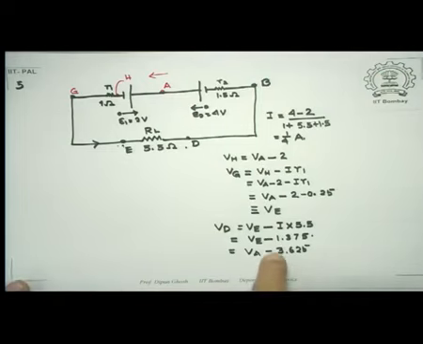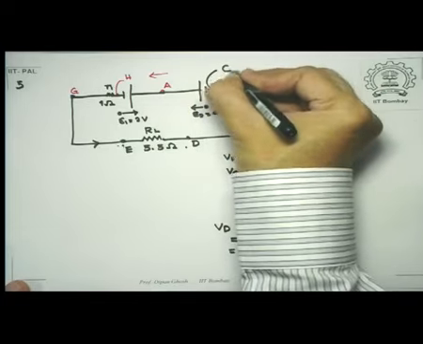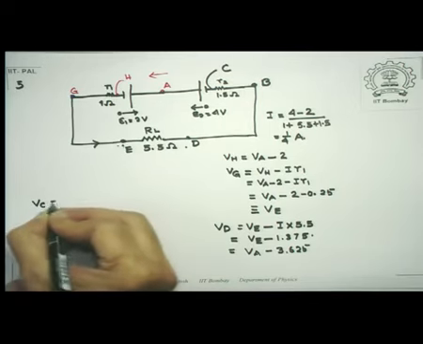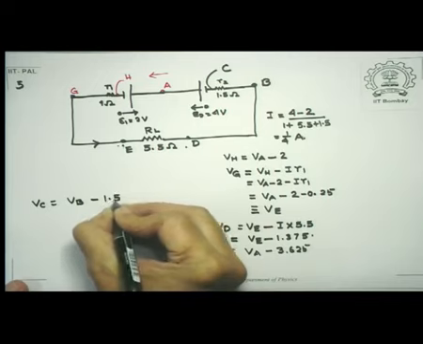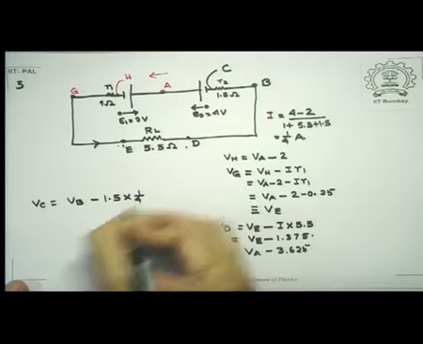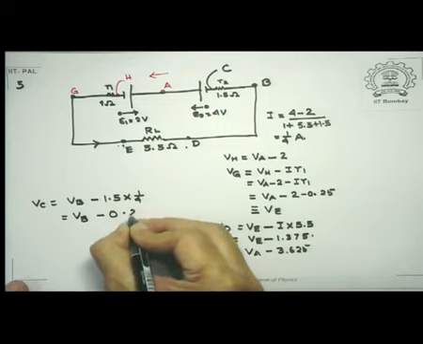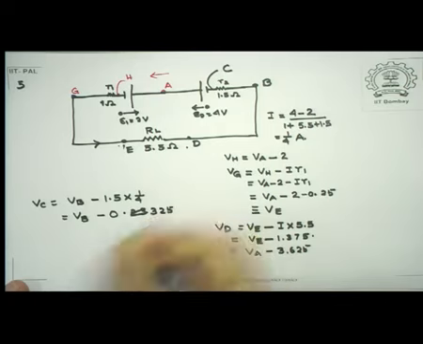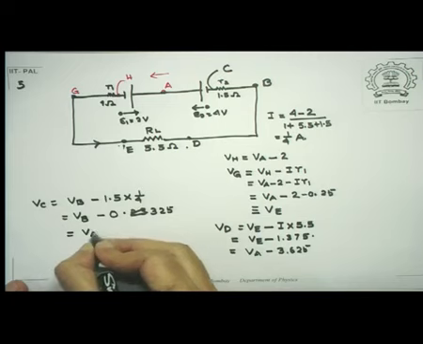Now, what I now need is this. From B, I come to the point C. So my Vc is Vb minus 1.5 times I, with I being 1 by 4, which is equal to Vb minus 0.325, and that's equal to Va minus 4.